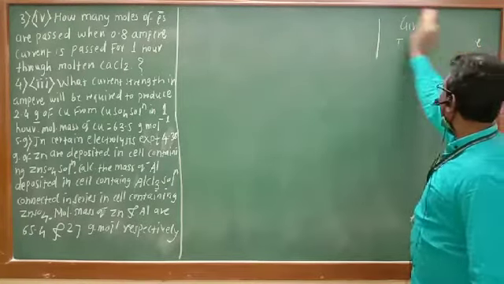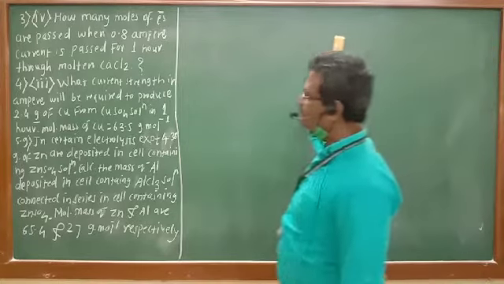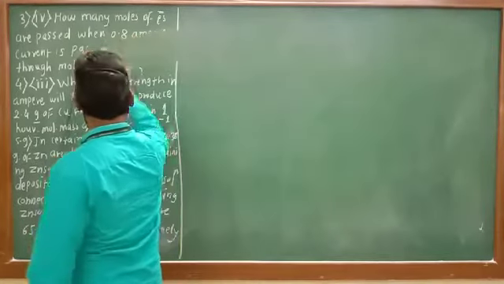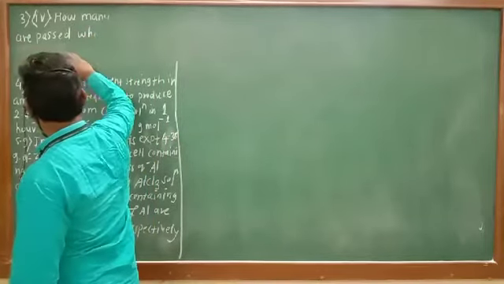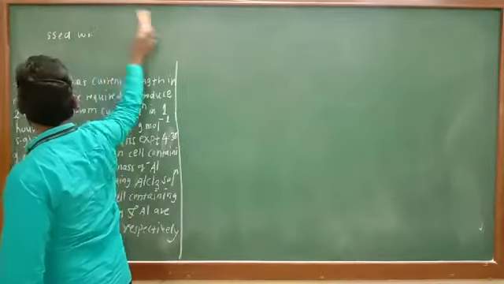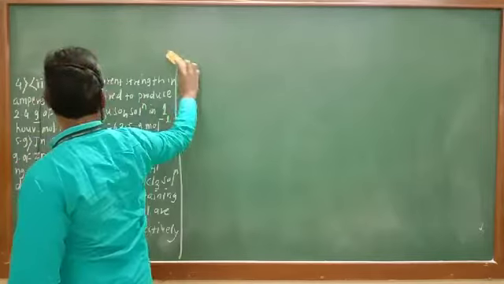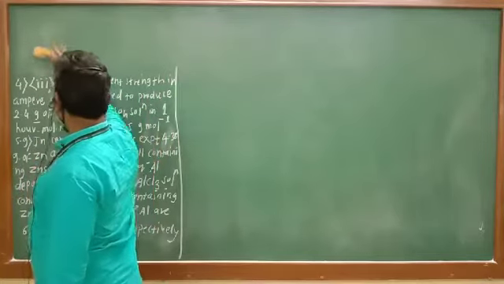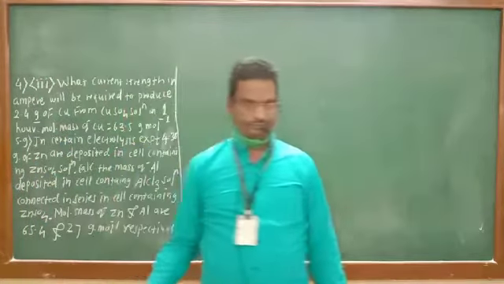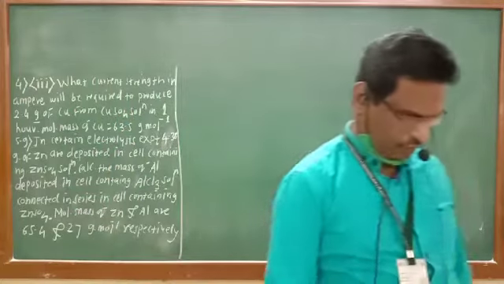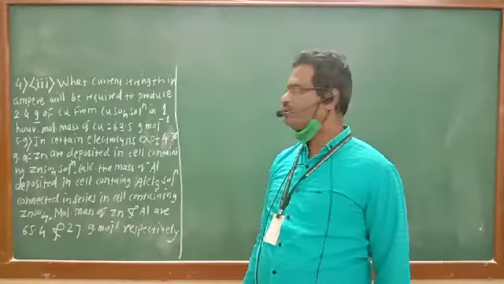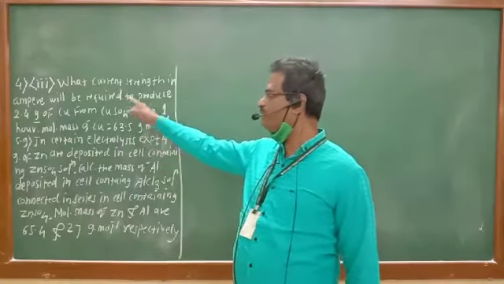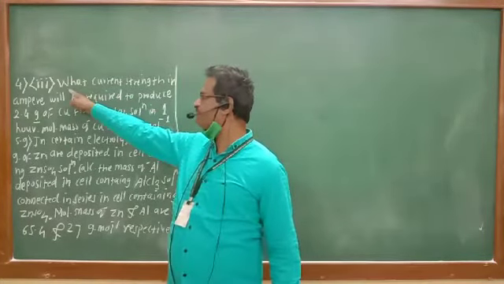Now question number 4 and sub question 3. This first one I have completed. Now let us see the second problem that is there in your book as question number 4. Answer the following, and sub question number 3.